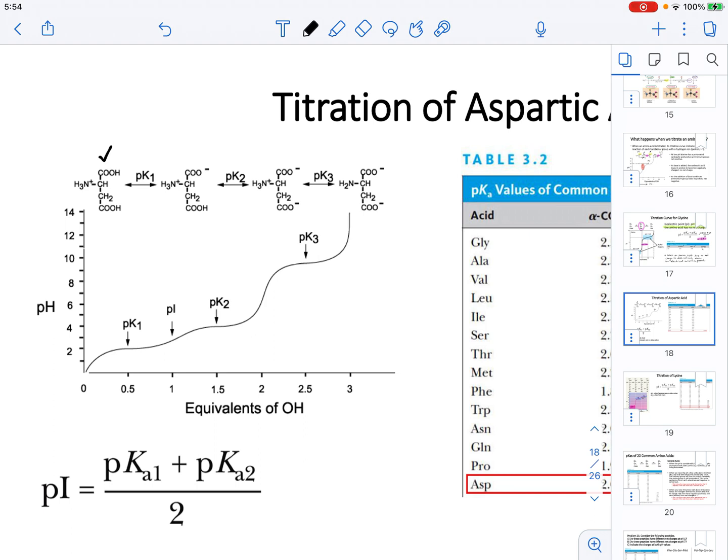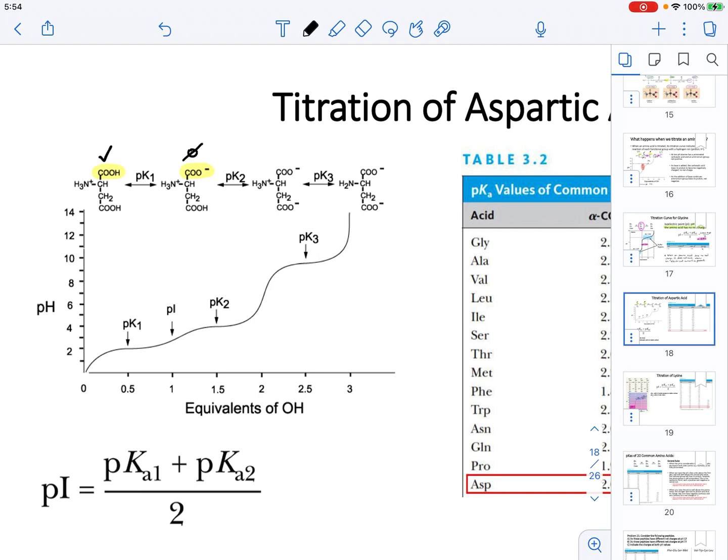So as we add base, notice that the carboxylic acid attached to the alpha carbon is going to lose its proton. Now, understand that once that occurs, that's where we have the zero net charge, our zwitterion. Our molecule has a net charge of 0.